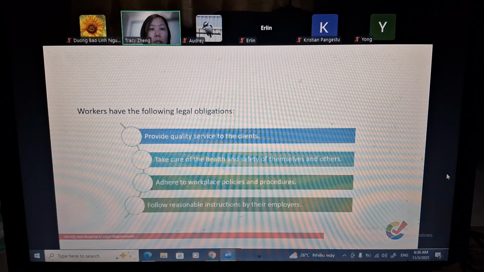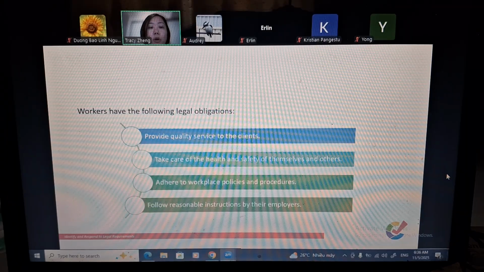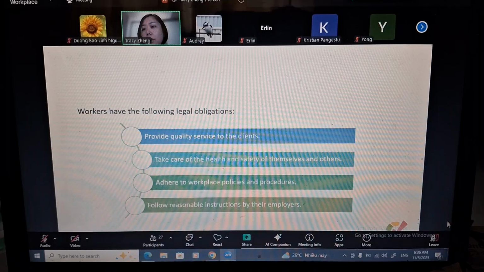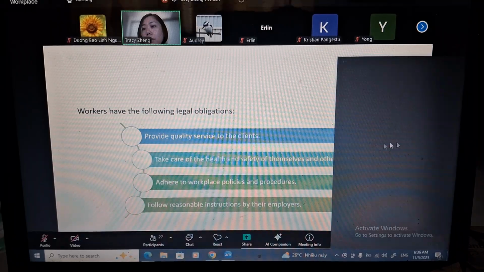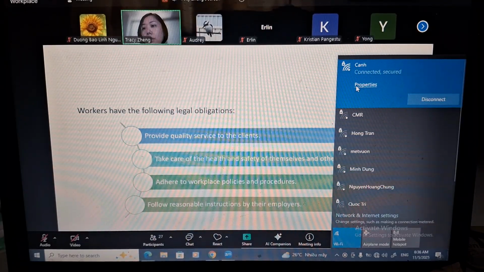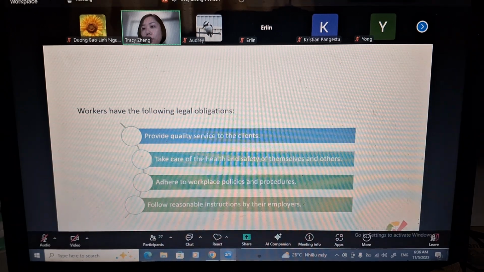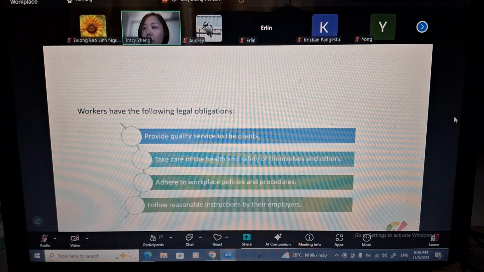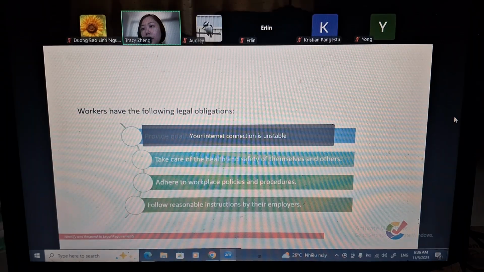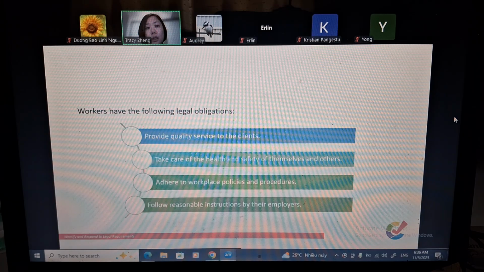And definitely, your legal obligation includes following the reasonable instructions of your employer. If the instruction from your employer is not reasonable, or you believe that they are putting you at risk, or they are asking you to do something which is not written in your employment agreement, then definitely you can raise your concern.